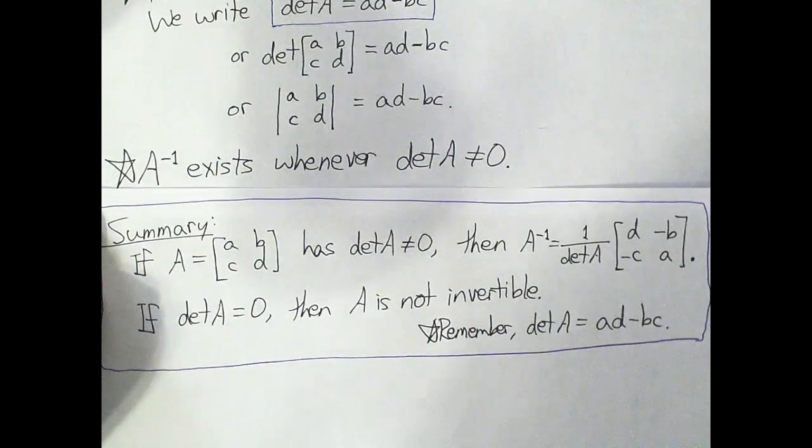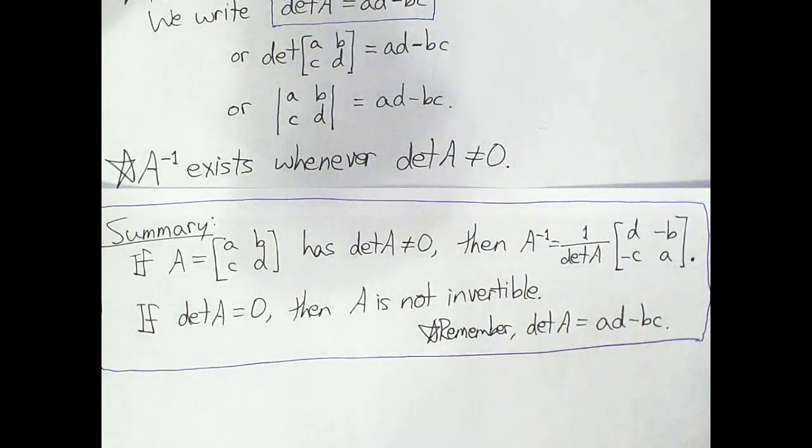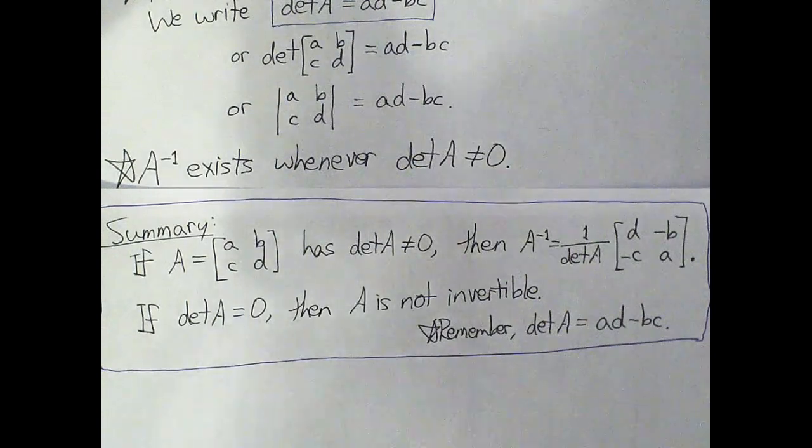I'll give you a chance just to make sure you have that down. There are two important things to remember about this. You have to remember the formula for the determinant, AD minus BC.